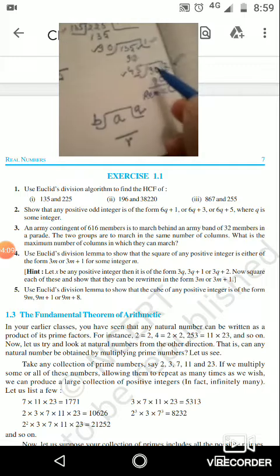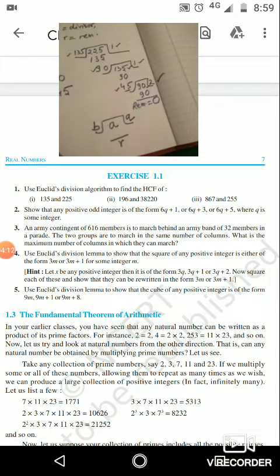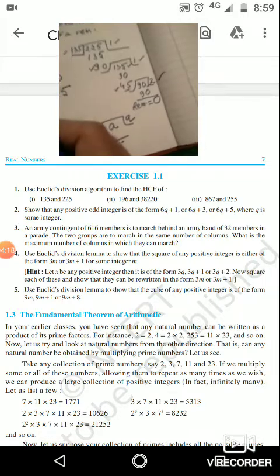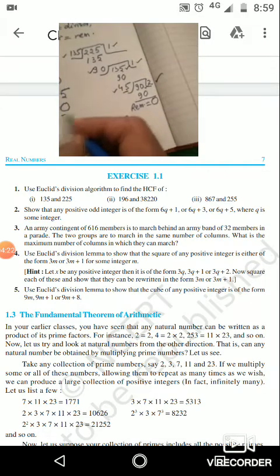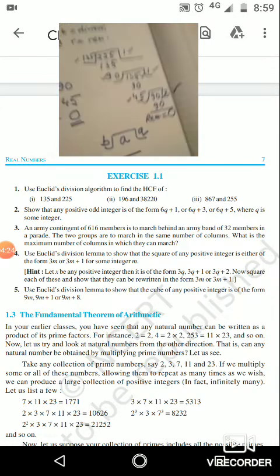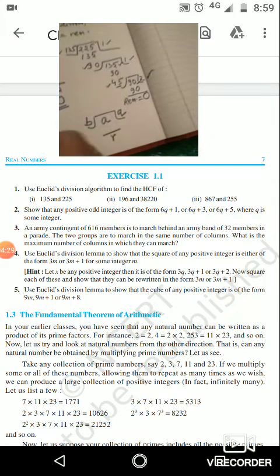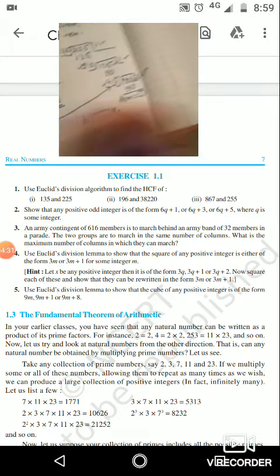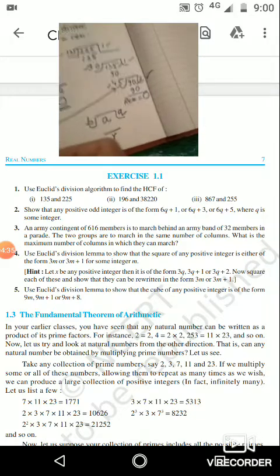Now last A, dividend is 45, B, quotient is 2, and the remainder is 0. So now the HCF of these two numbers is 45. This is the answer.